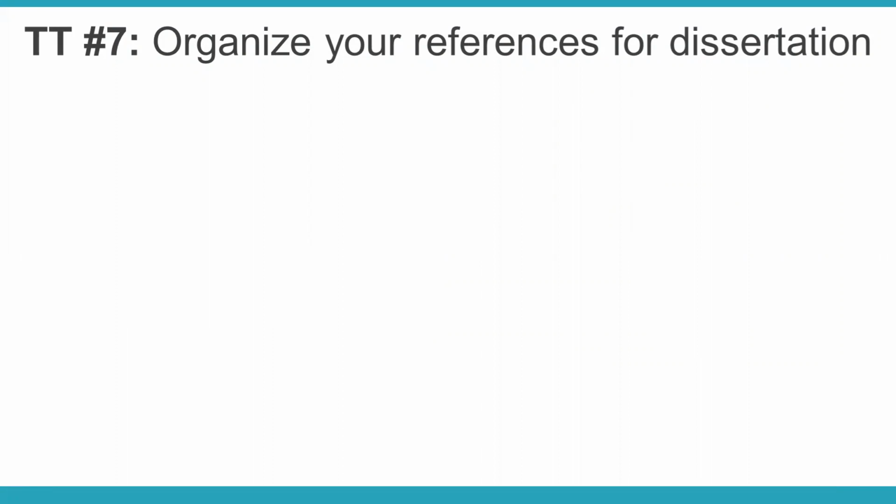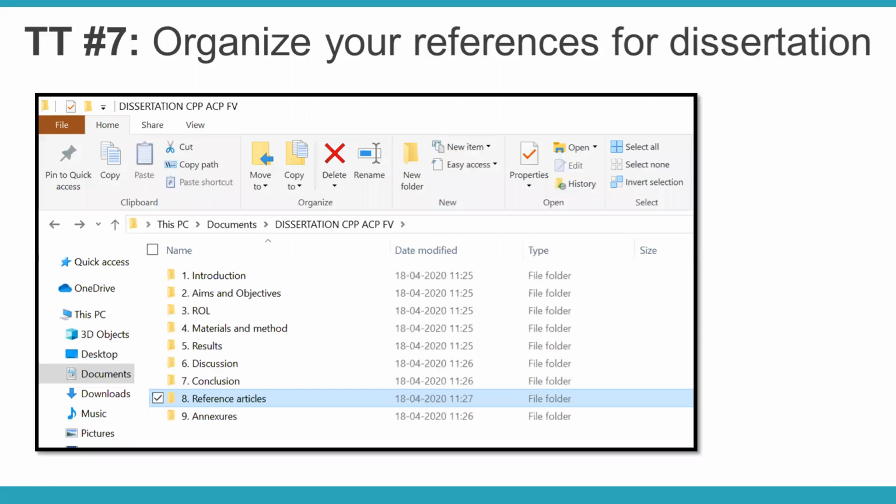So the first trick is to organize your searching with the help of bookmarks available on your laptop. But many times you may not be using your personal laptop, maybe you are searching somewhere else. So I would request you to organize the references for your dissertation or your research work in your document folders itself. Create a separate dissertation folder.